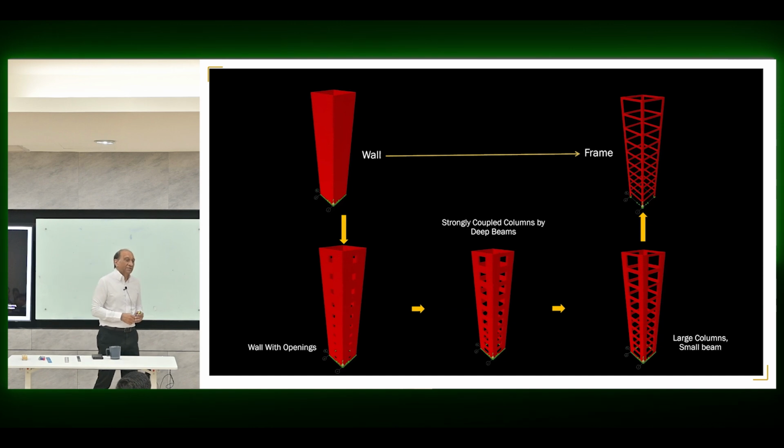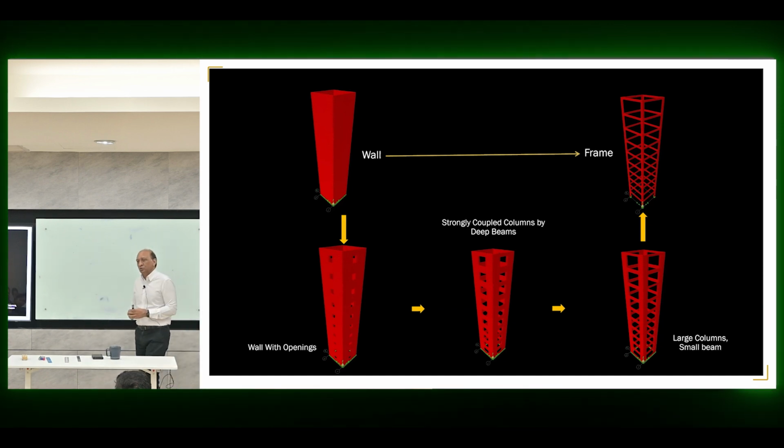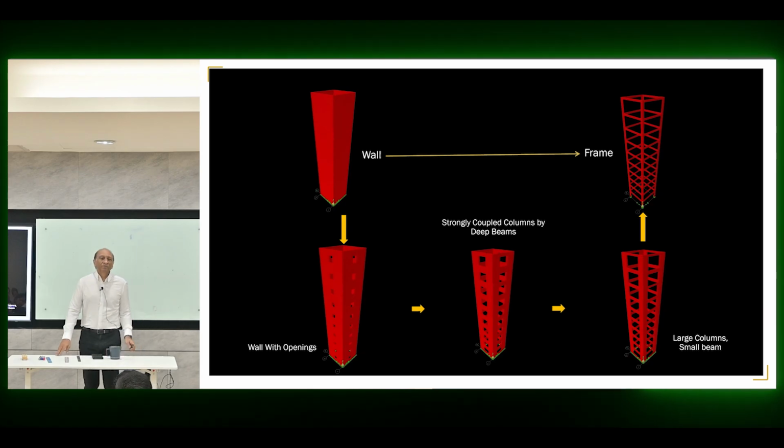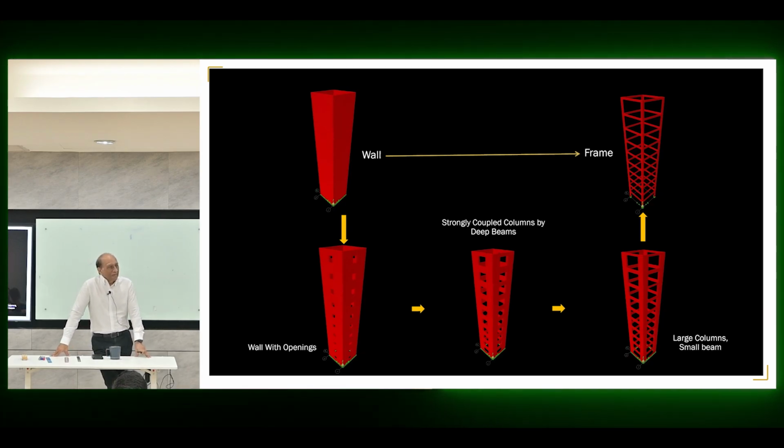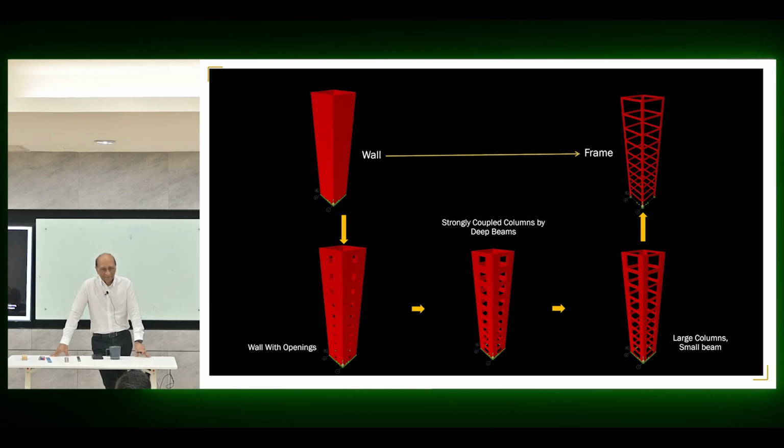So a lot of engineers, a lot of designers currently, have stopped making a distinction between walls and columns in tall buildings. They think of them as vertical piers. Size doesn't matter. They follow the same design principles, modeling, and so on.